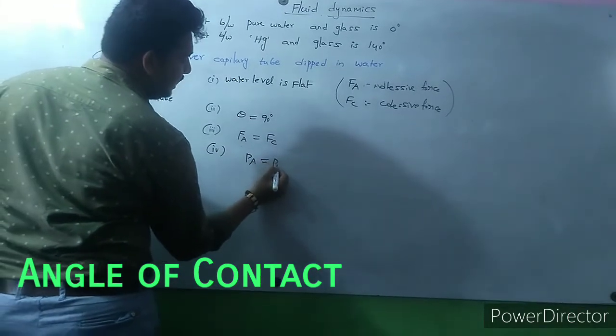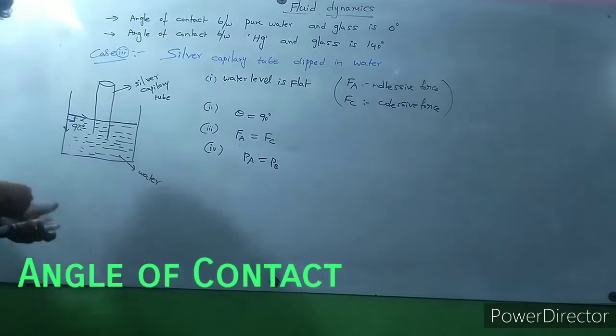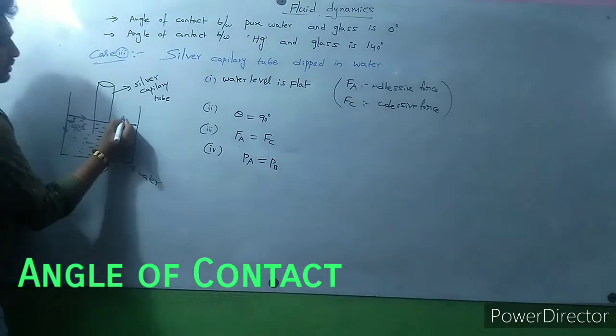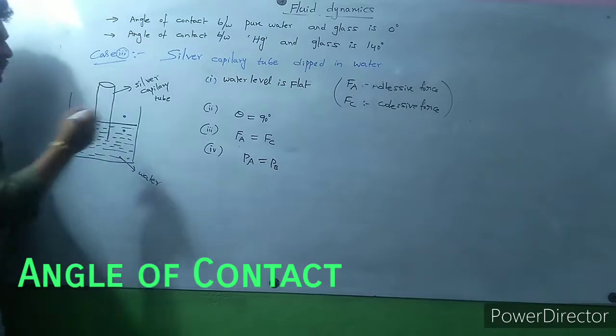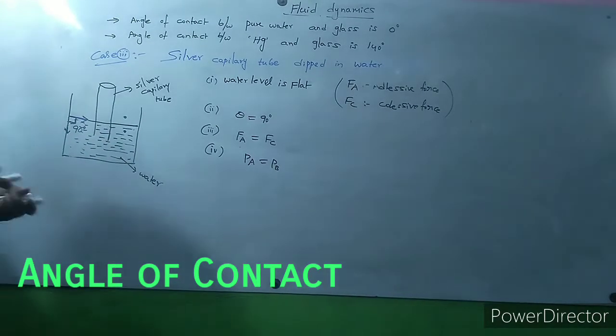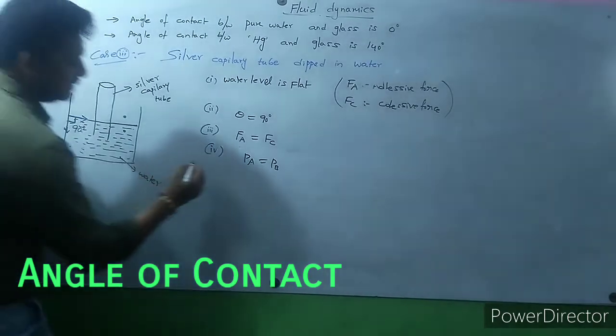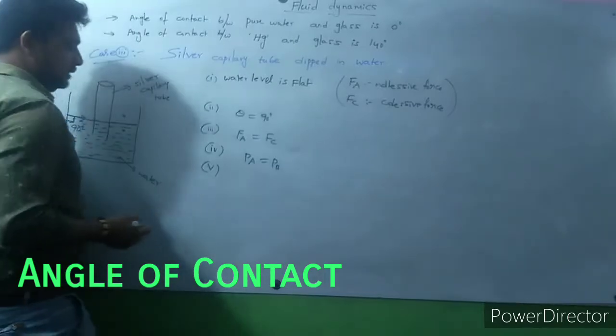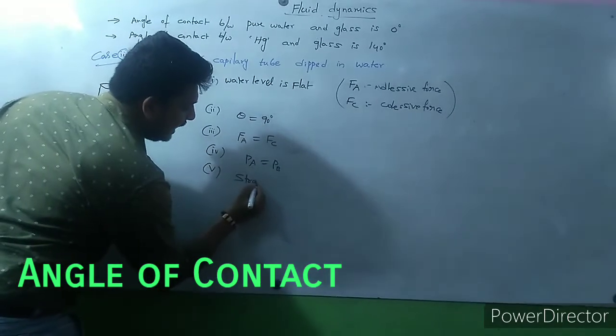Fourth one is PA is equal to PB. Pressure at A point, here is one point I am taking, there is another point. PA is equal to PB. Next, fifth one is a flat, straight line.